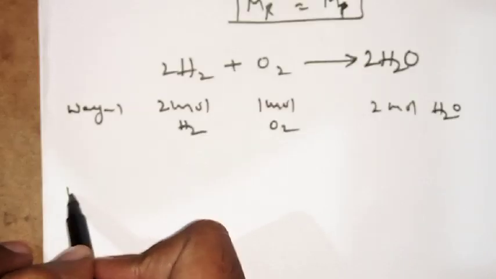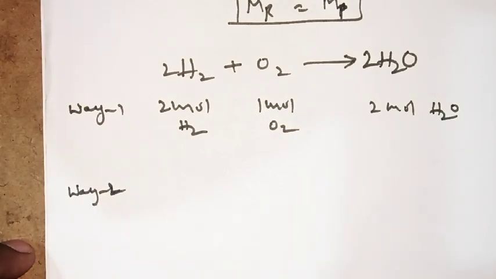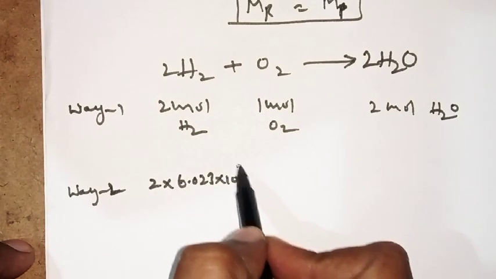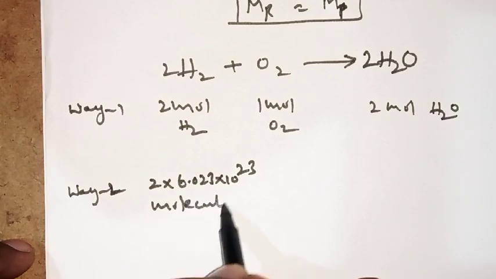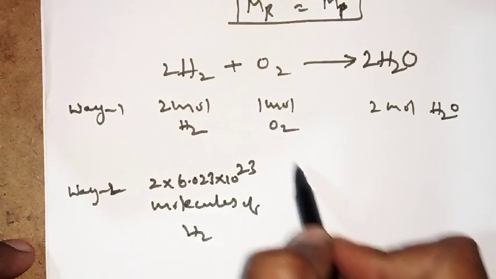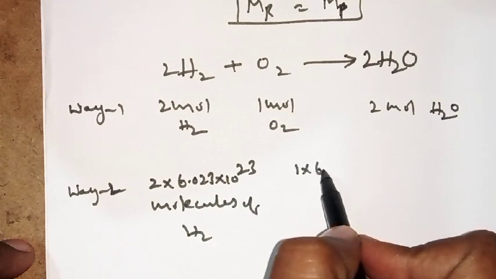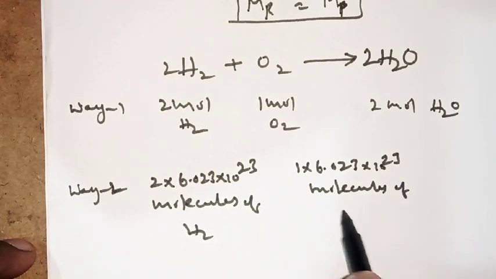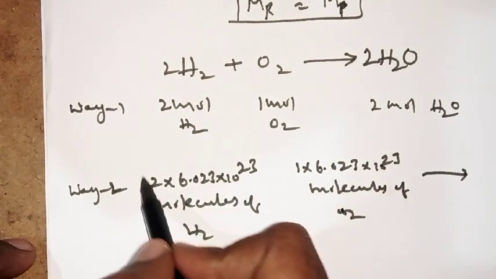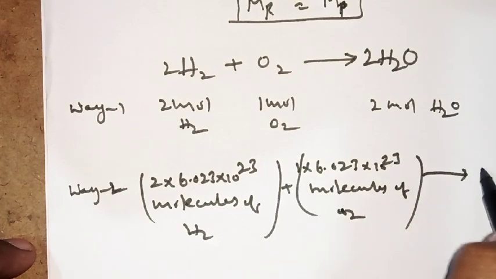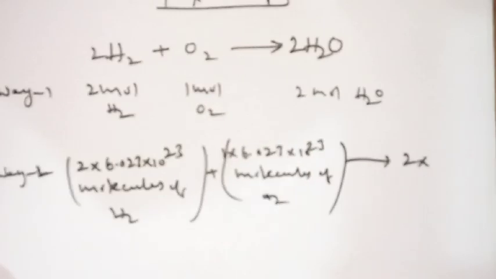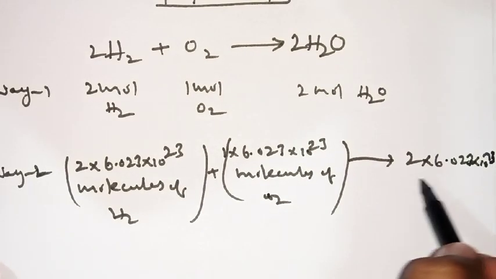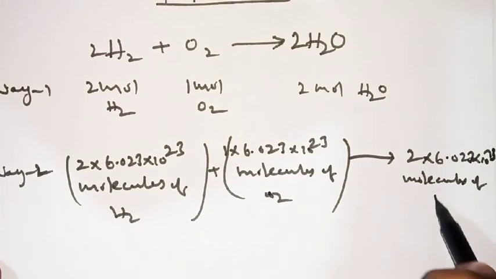Second way, way 2. How to express this equation? 2 into 6.023 into 10 power 23 molecules of hydrogen reacts with 1 into 6.023 into 10 power 23 molecules of oxygen, giving 2 into 6.023 into 10 power 23 molecules of H2O.